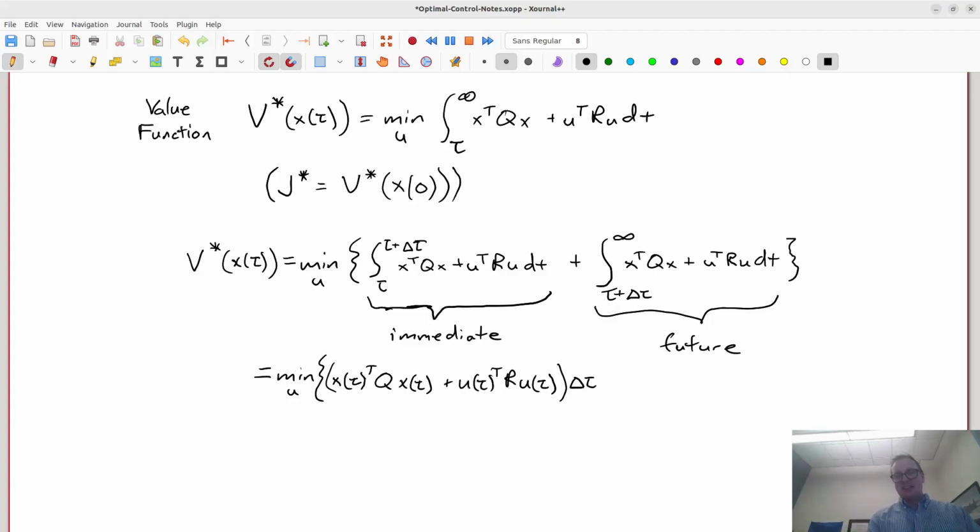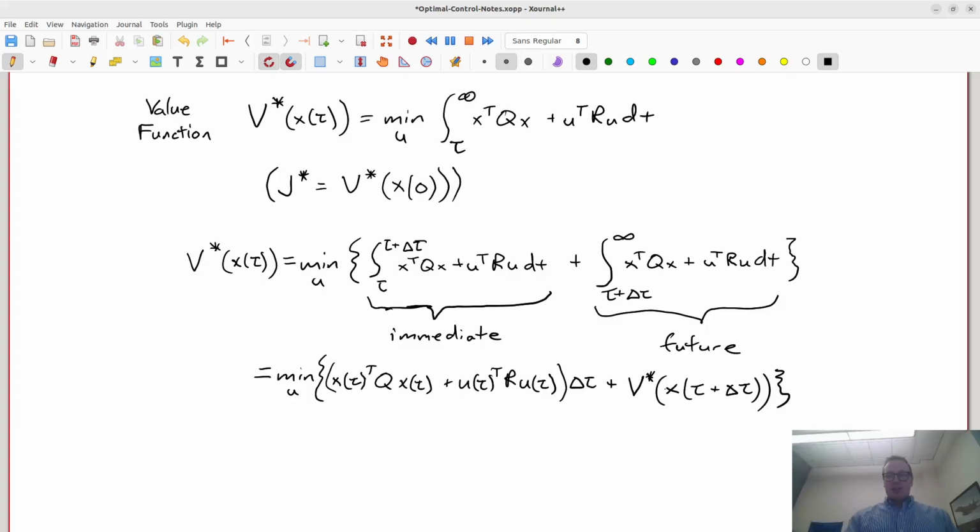So we're just saying that instead of taking an integral over that, it's a constant multiplied by delta tau. And then the future, we'll notice that according to this equation of V star, this is just equal to V star, the value function, at this delta tau into the future. So this is the function at tau plus delta tau. Okay, so this is rewriting the line above in a way that might be a little bit easier to optimize.